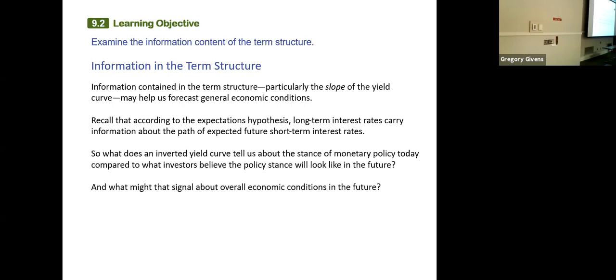They lower interest rates in order to try to combat a recession. So perhaps the central bank here sees some dangers on the horizon, and they would like to try to provide policy accommodation in order to mitigate that future recession. All right, that's certainly one conclusion that one could draw by looking at the yield curve, okay?